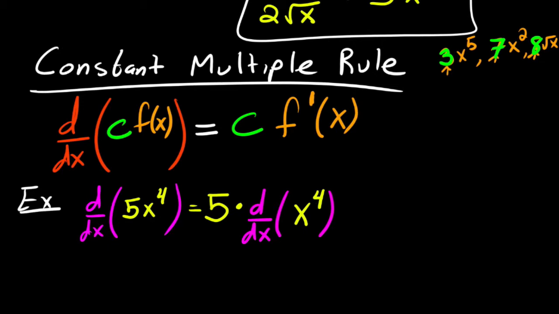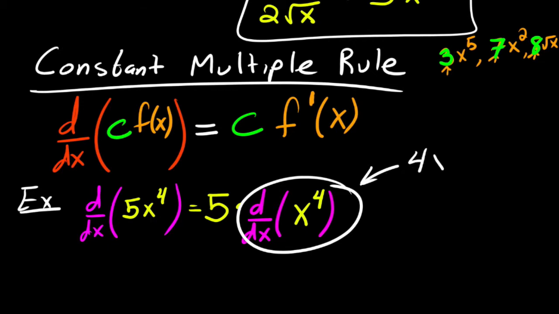Now the derivative of x to the fourth, well, you can use your fantastic hammer rule. So the derivative of this guy is 4x to the third, right? Let's bring this guy down, subtract 1.